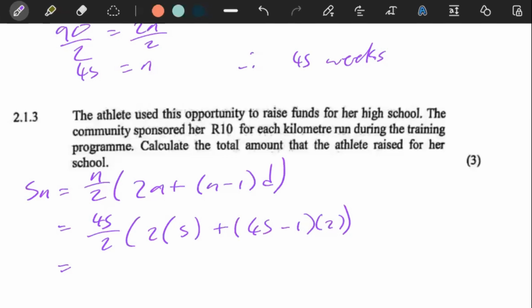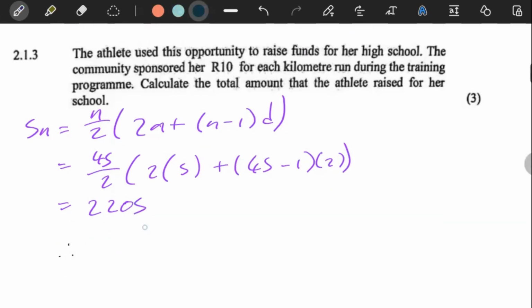But judging from what I wrote, I can safely say that I wrote down everything properly and everything was also put nicely in brackets. So this is giving us a total of 2,205 kilometers, right? So here we're going to say, therefore, total raised is going to be, yay, the R comes first, my guy.